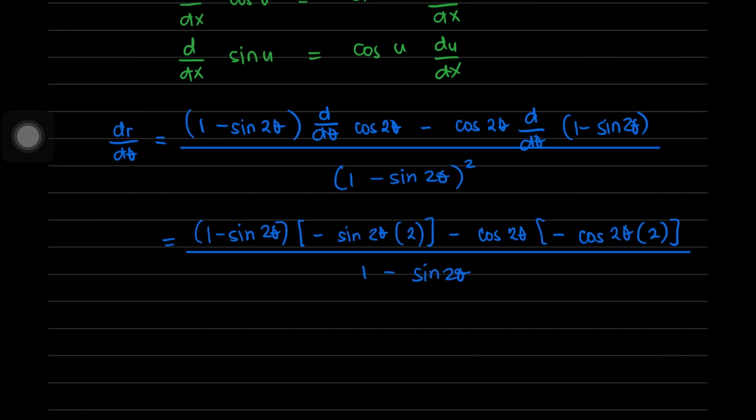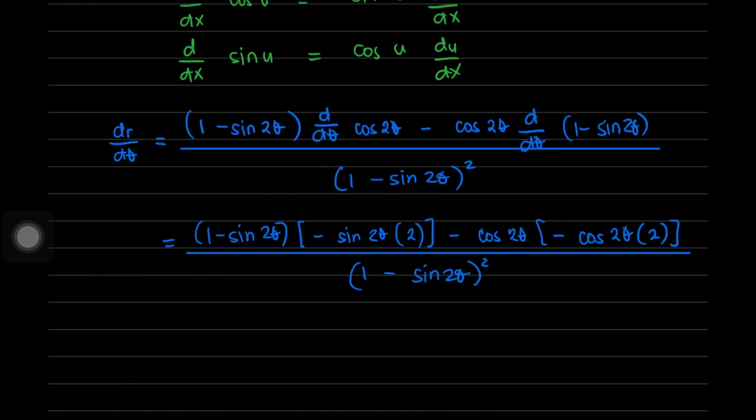Now, if we're going to simplify the numerator, this would now be equal to 1 multiplied by negative sine 2 theta multiplied by 2, so that would now give us negative 2 sine of 2 theta. And negative times negative will give us positive 2 sine squared 2 theta.